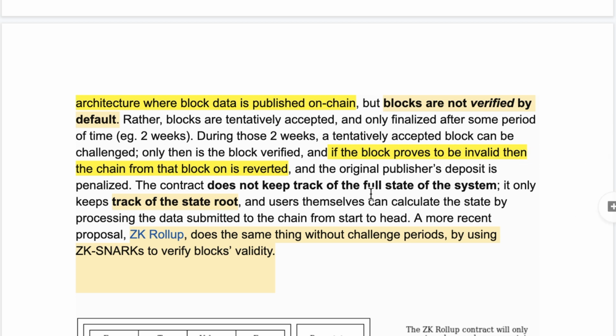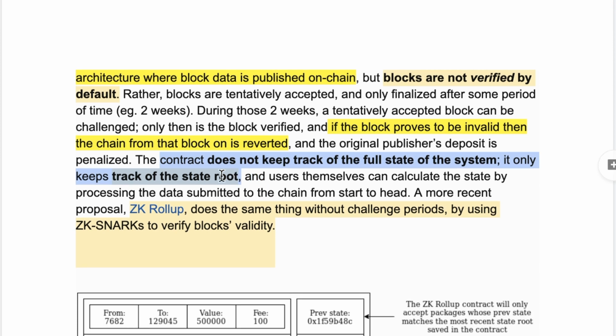Now the interesting part here is the contract does not keep track of the full state of the system. It only keeps track of the state root. And at first I wasn't 100% sure what the state root is. Basically, Ethereum, unlike Bitcoin, has different properties: every block contains something called the state root.